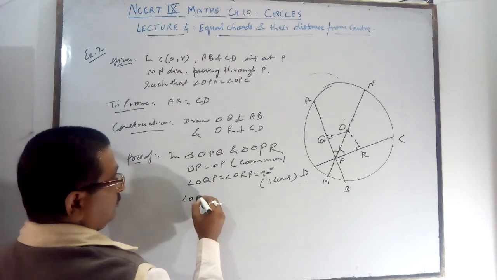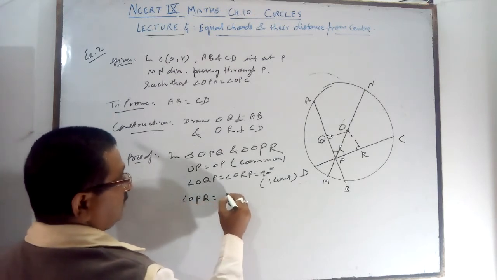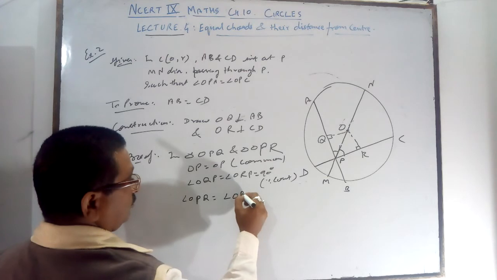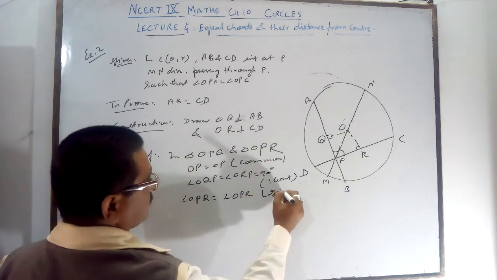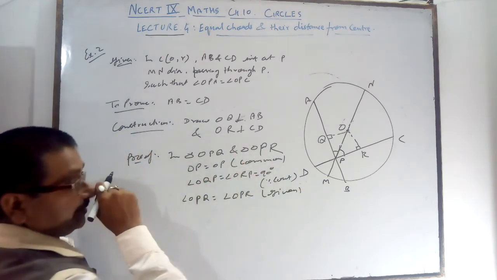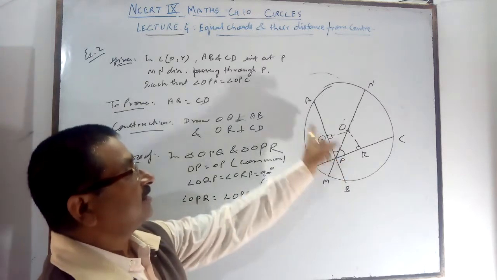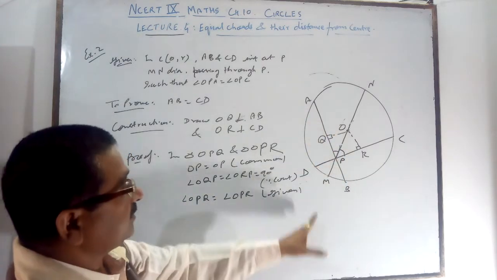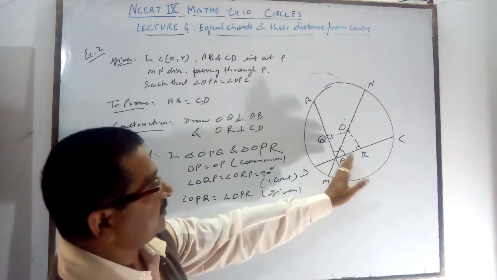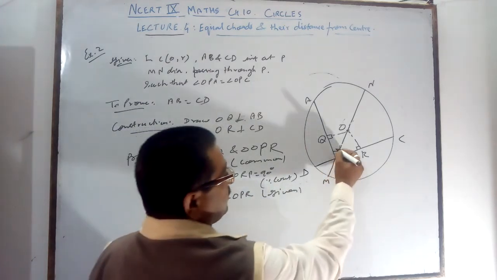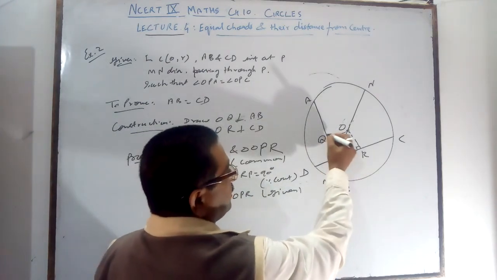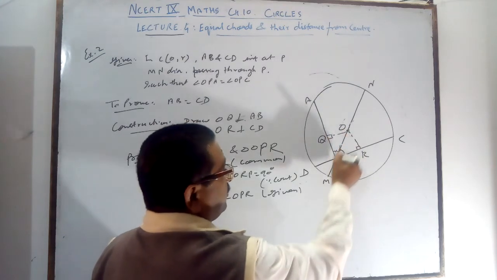Angle OPQ is equal to angle OPR. It is given in the question: the diameter makes equal angle with the chords. These two angles are given equal. It is 90 degrees and one common side.